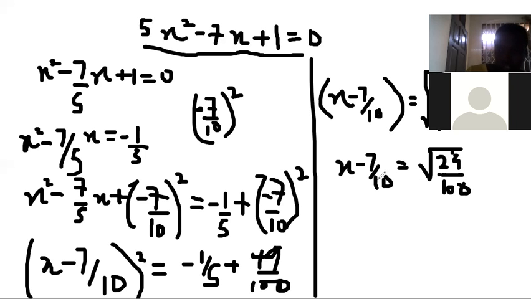So you bring this one here. So we are going to get x is equal to 7 over 10 plus or minus root 29 over 10. When this one comes, it becomes positive.